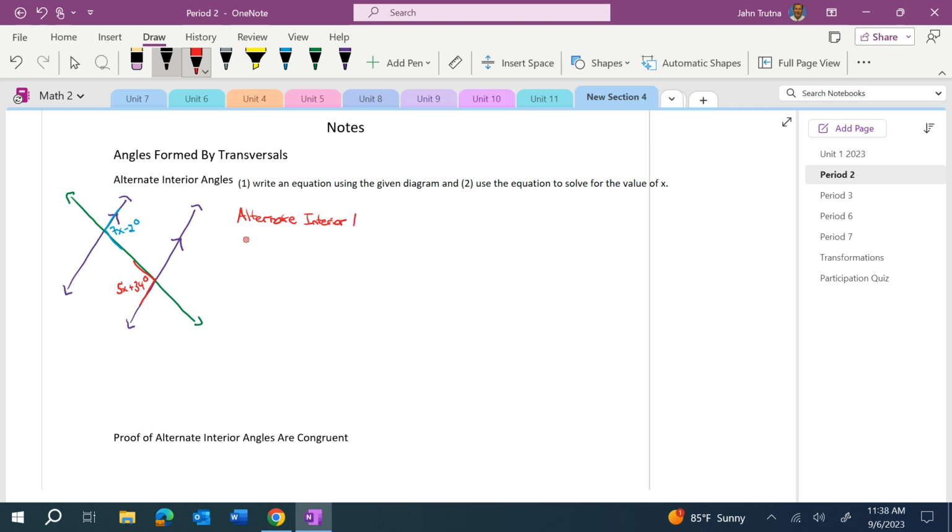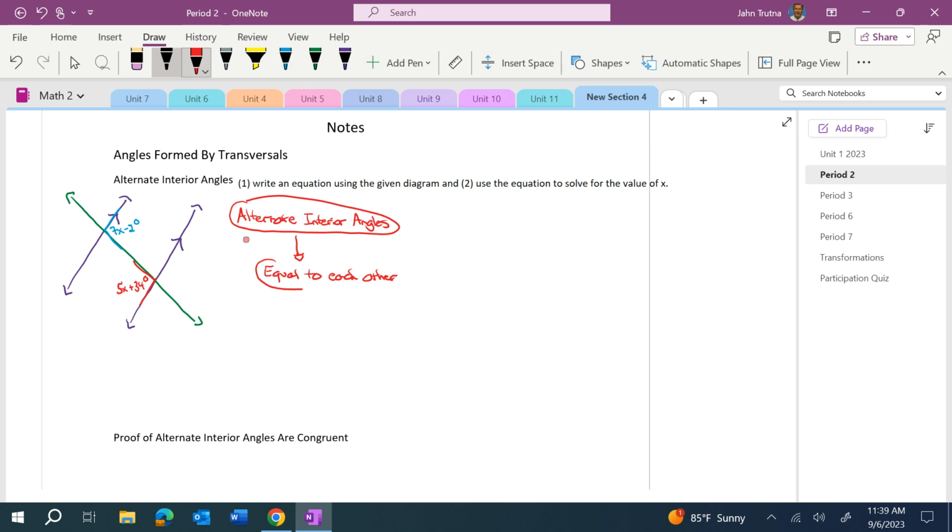Now, what does that mean? Why is that important? Okay, here's why. Alternate interior angles are equal to each other. We got that from the notes. They're equal to each other. So what does that mean?